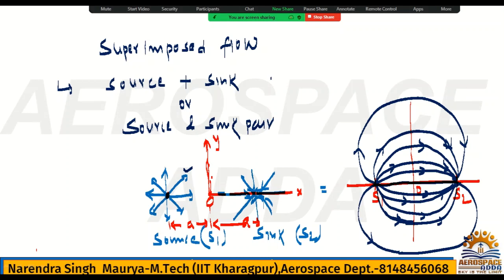So this is the flow pattern for the source and sink pair.